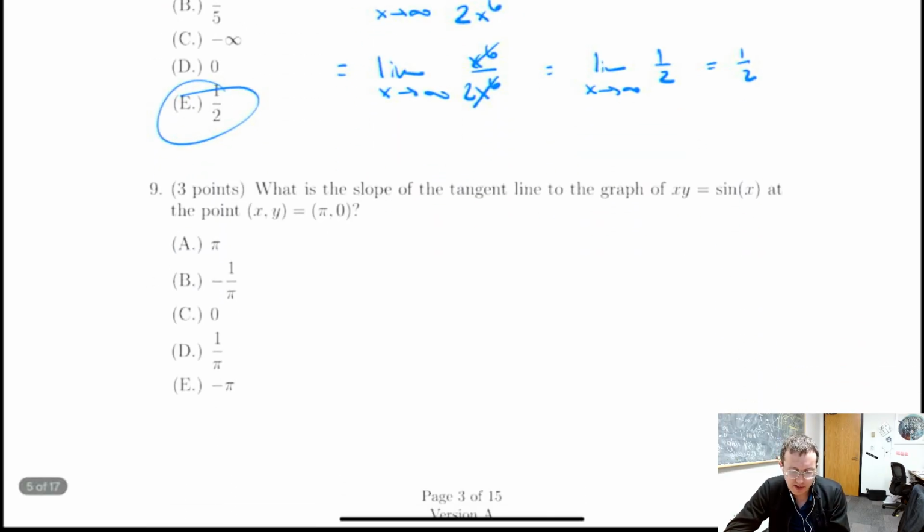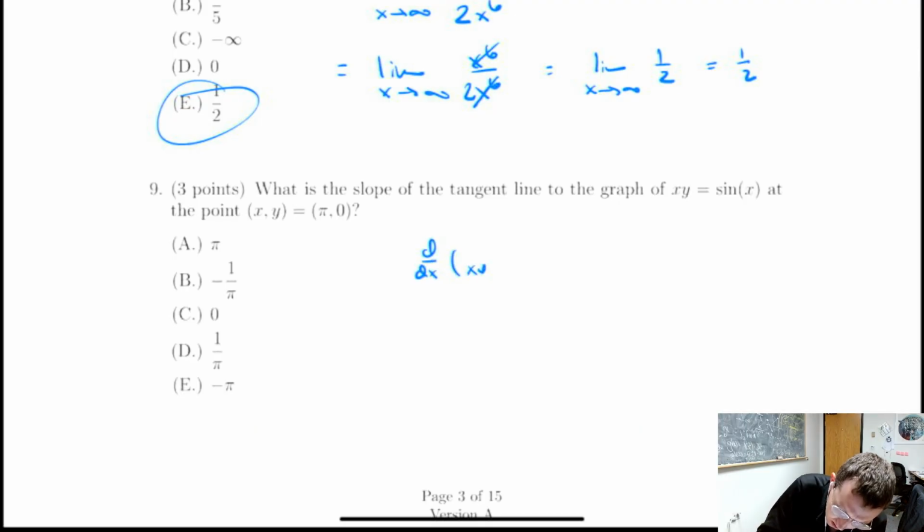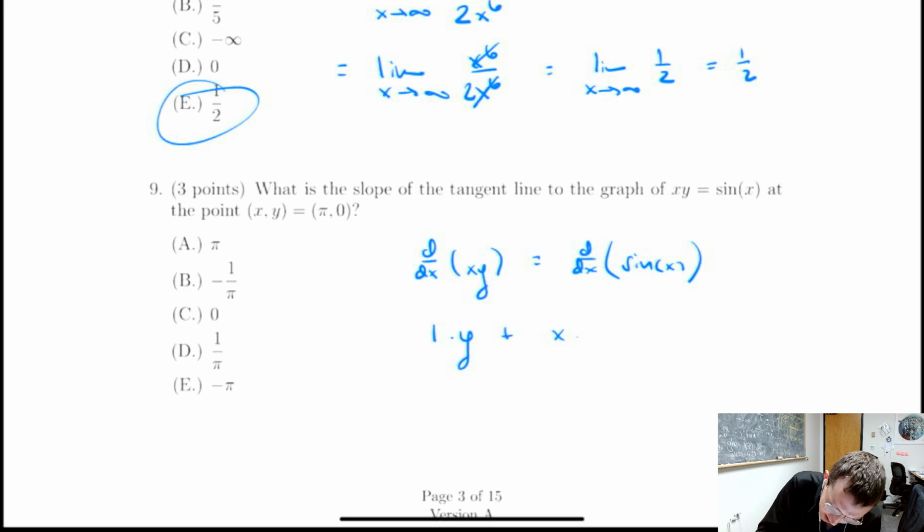What is the slope of the tangent line to the graph of xy equals sine of x at the point pi, 0? Okay, slope of the tangent line, that means derivative, so I'm going to differentiate both sides of this equation. I'm going to use the product rule here, so I'll differentiate the x, which gives 1, and then in the second term I'll differentiate the y.